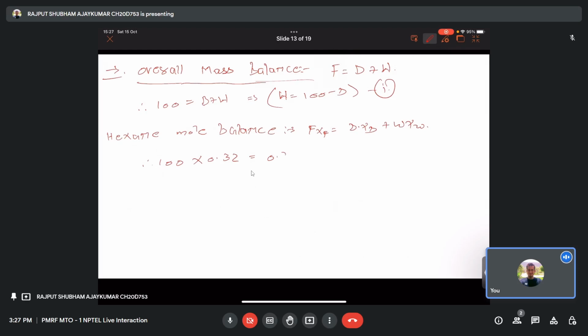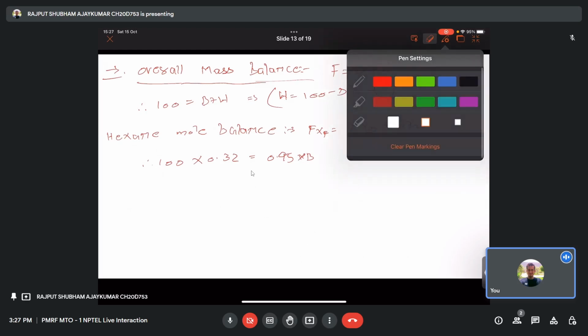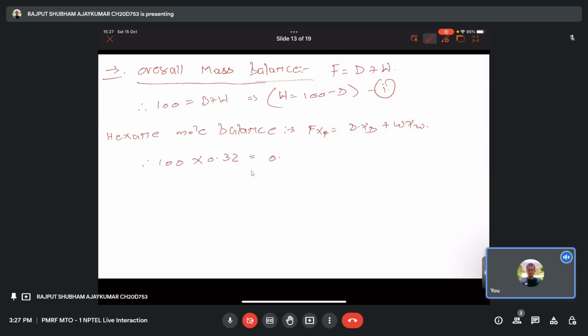The fraction of n-hexane in the distillate is given as 95%. So we can write 0.95 into D, plus W, which we can write as 100 minus D, into XW, that is given as 5%, that is 0.05.